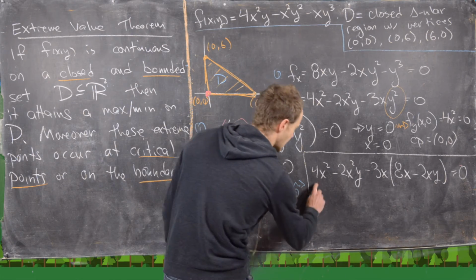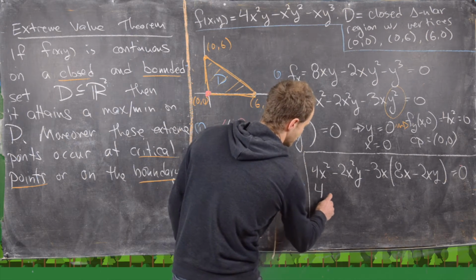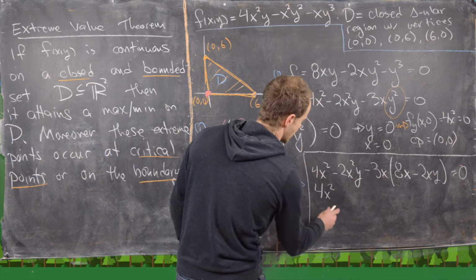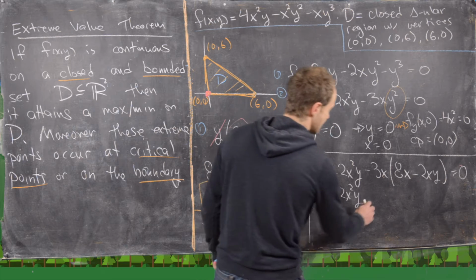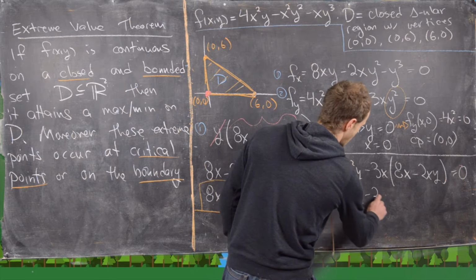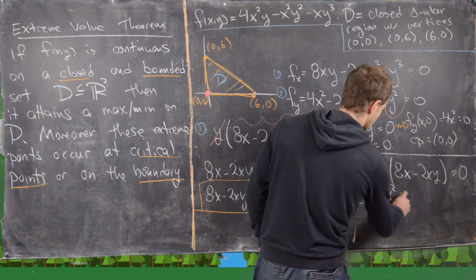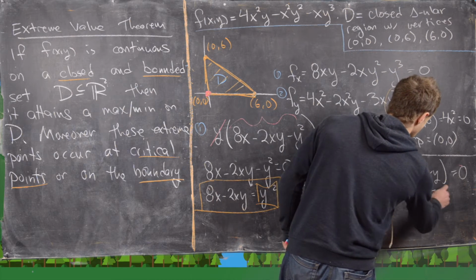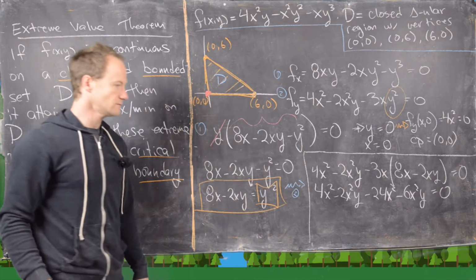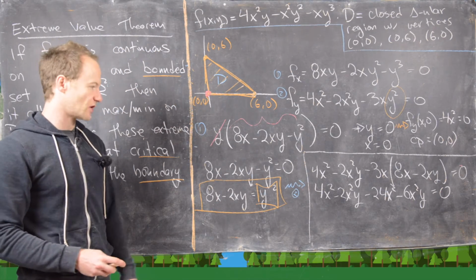So we'll get 4x squared minus 2x squared y minus 24x squared minus, let's see, that's 6x squared y equals 0. Okay, now we have some like terms that we can combine.